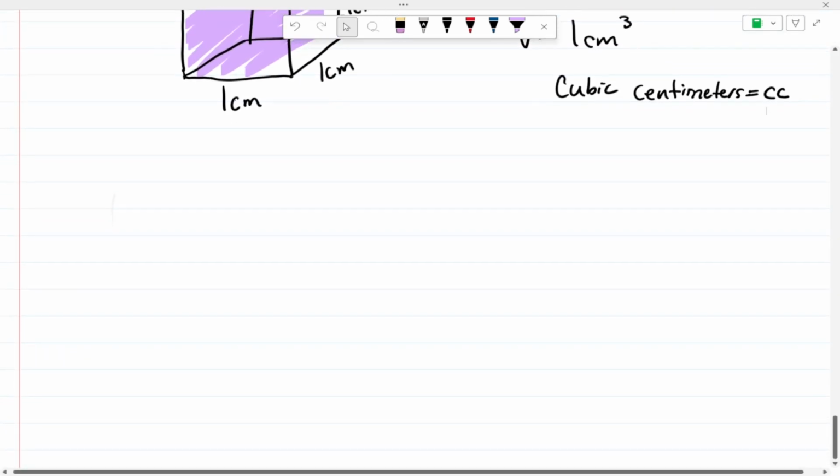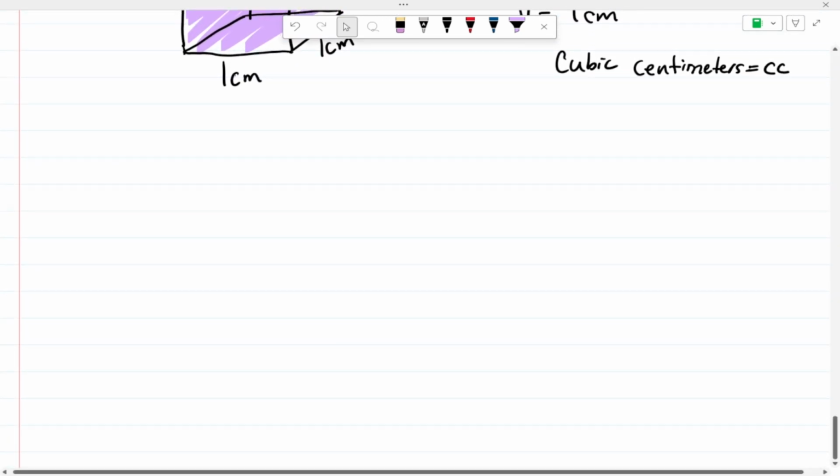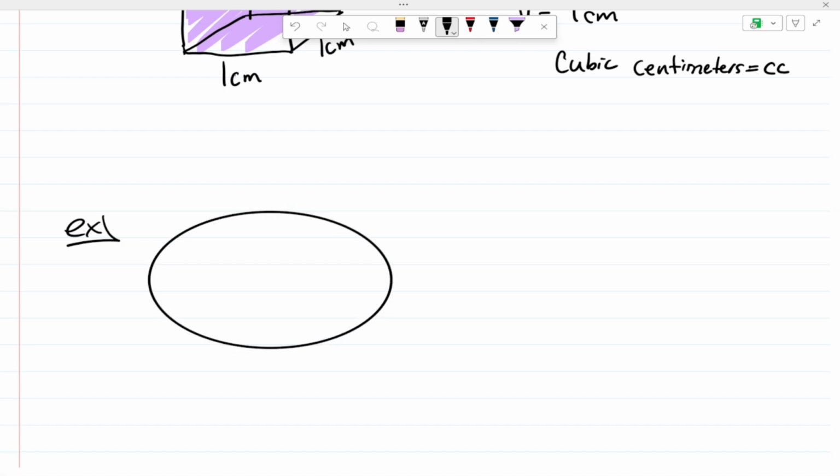So for example, if we had this shape right here, which is a circle. I know the area of this is going to be pi r squared.